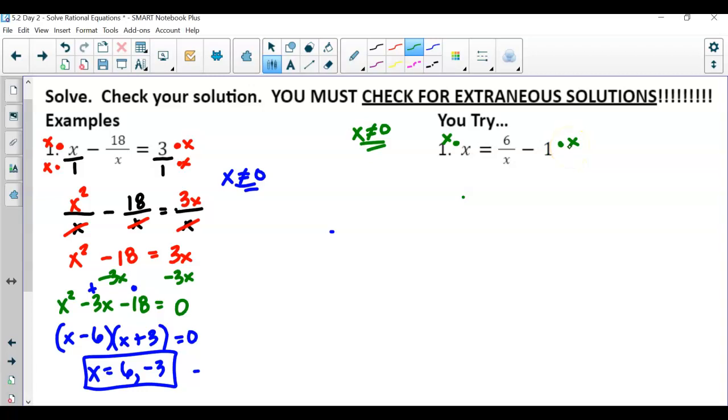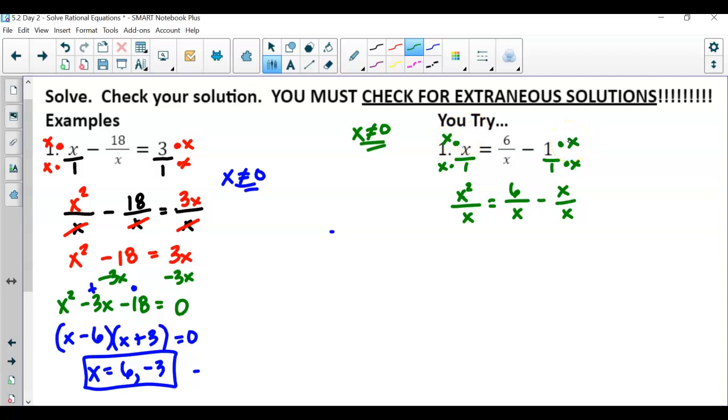So here I've got x squared over x, because this is x over 1, so multiplying by x, which is equal to 6 over x minus, this is again just x over x, because that's really like 1 over 1 multiplying by x. So really, if you think about it, what we're doing here is we're just multiplying everything by that denominator.